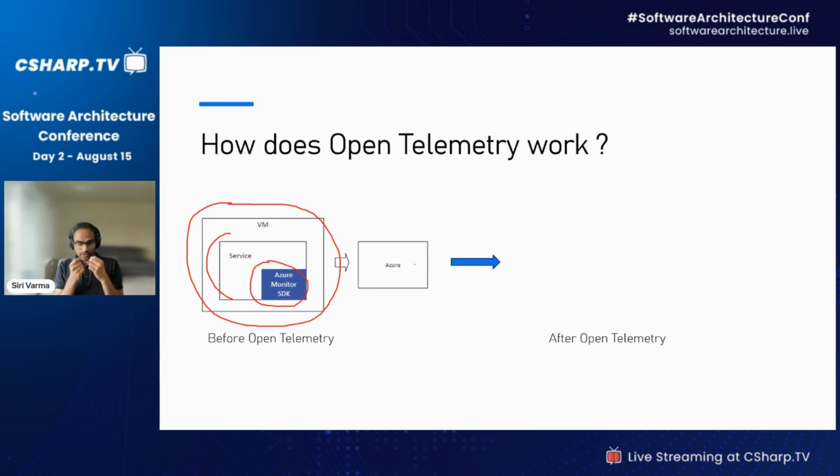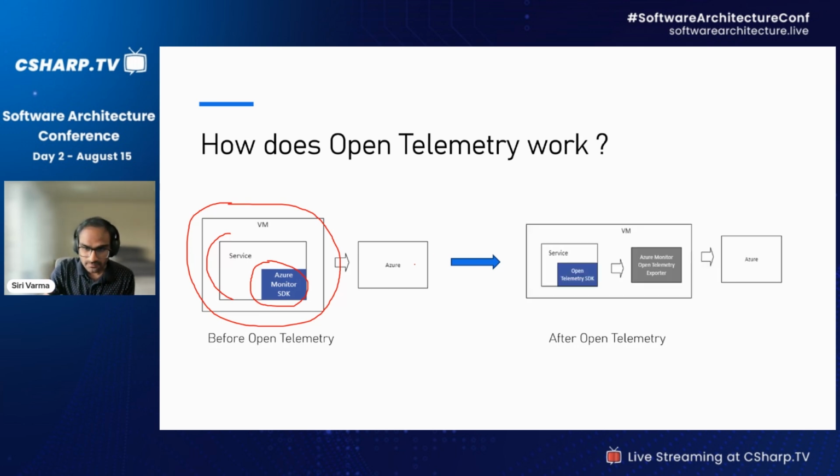Now, from whatever fundamentals and discussion we had till now, what we understand is tying up the service to the SDK in a multi-cloud world causes trickiness. Here, what we are doing is replacing the SDK with the OpenTelemetry SDK, right? The VM is the same, the service is the same, but the SDK itself changes.